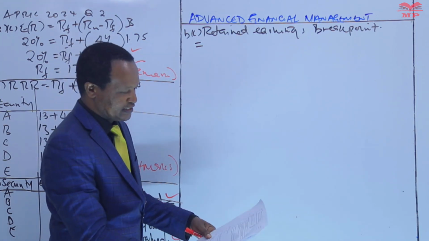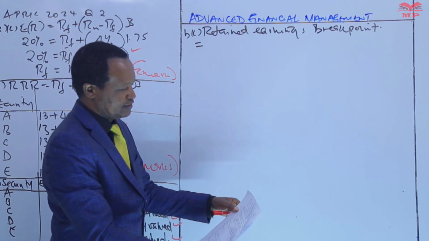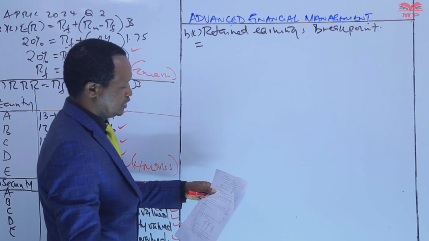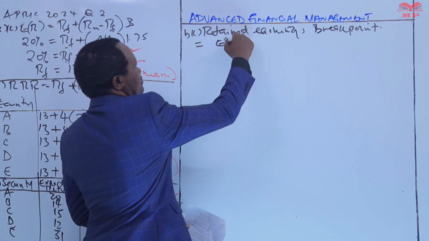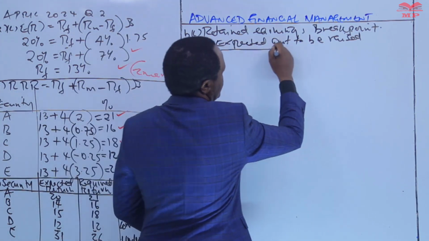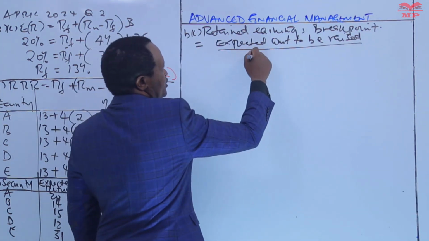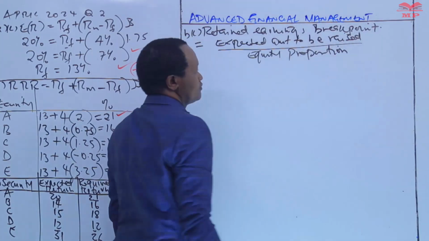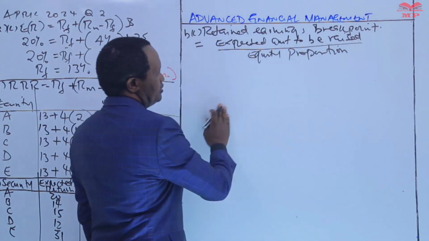Now, we read that the firm is considering raising 20 million for an expansion program, of which 2 million is expected to be raised internally. So the retained earnings breakpoint is equal to the expected amount to be raised, we divide by the equity proportion, or equity ratio. Okay? That is the formula.